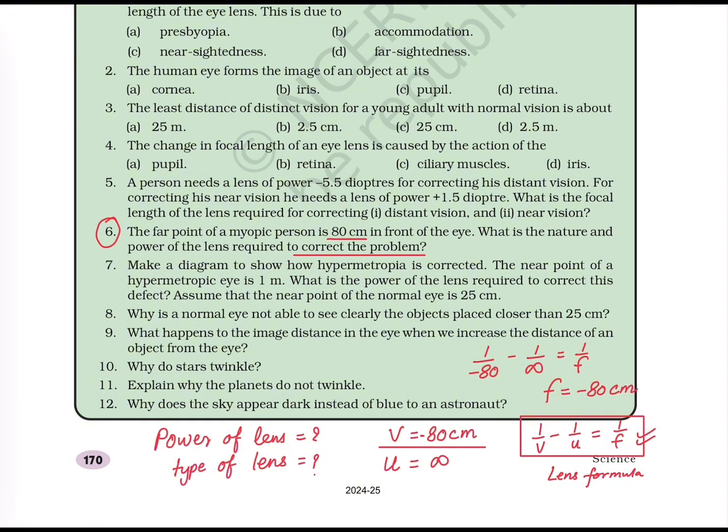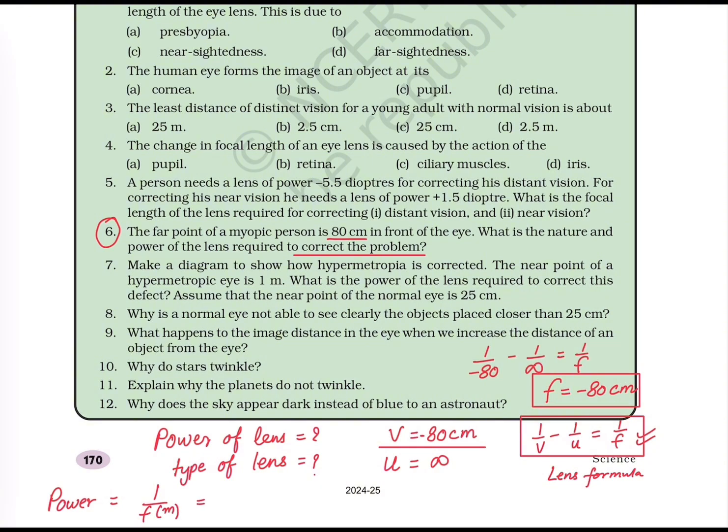We have simply calculated the focal length. Now, if you know the formula for calculating power of lens, what are you going to do? You simply have to do 1 by f, where f is to be measured in meters.